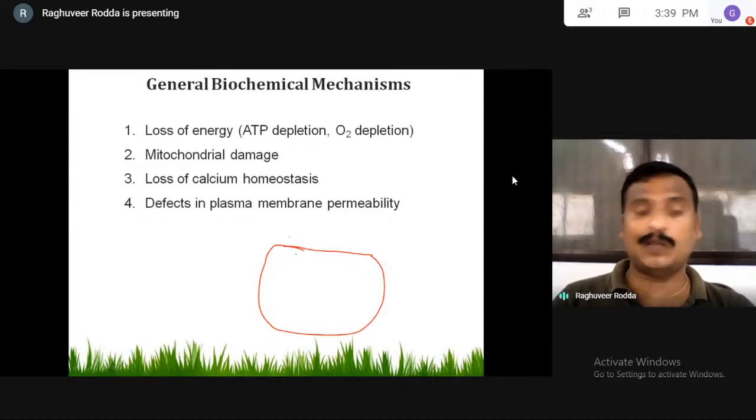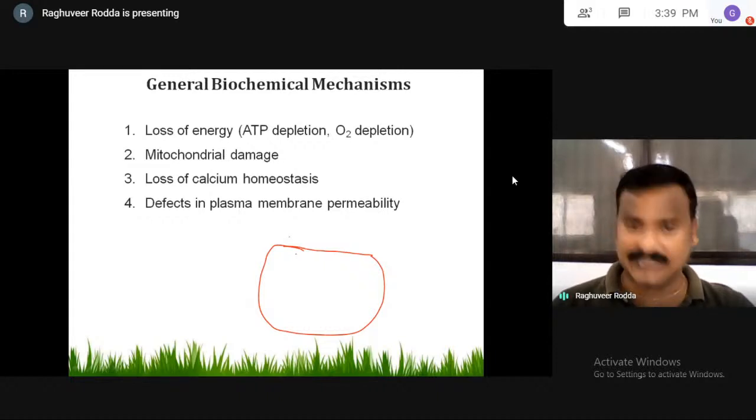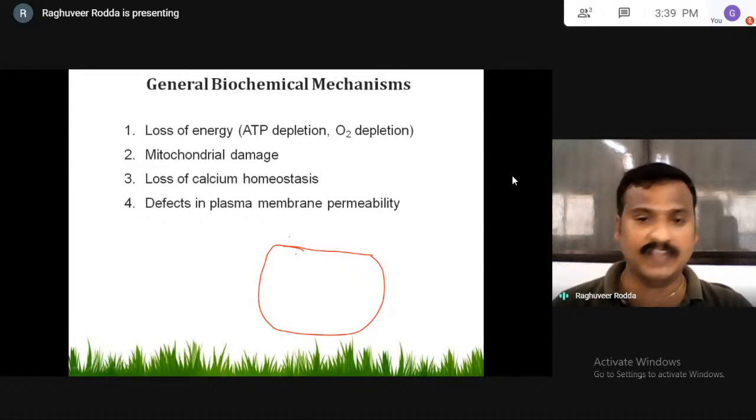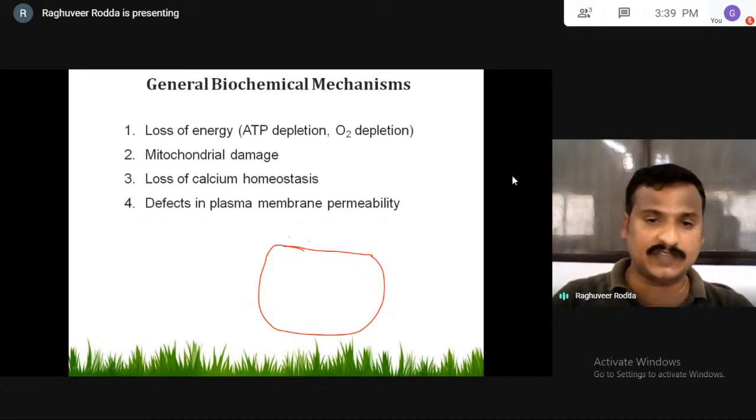I think everyone knows about the fluid mosaic model. The plasma membrane is a lipid bilayer, with lipids in the form of phospholipids forming a double layered structure, and in the lipid layer there are floating protein molecules.